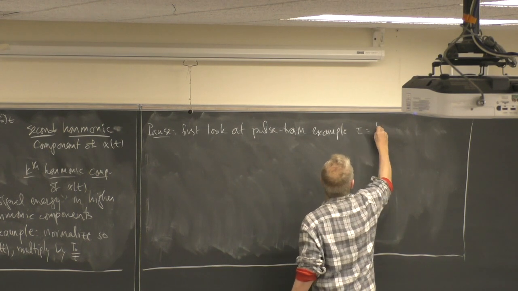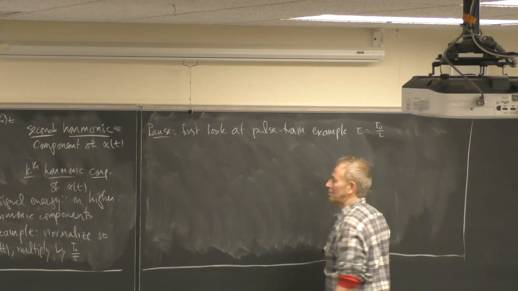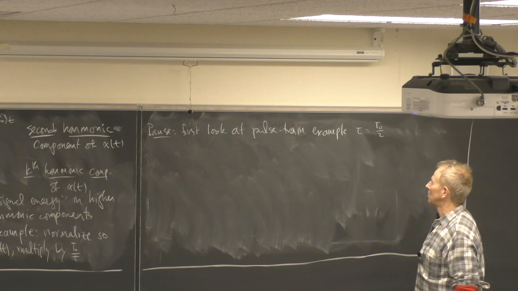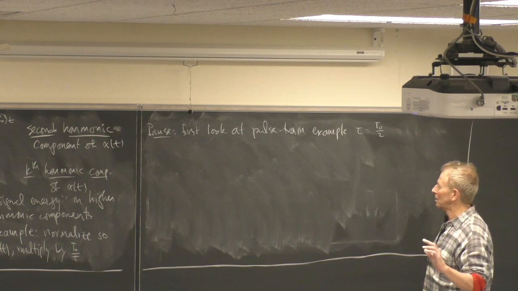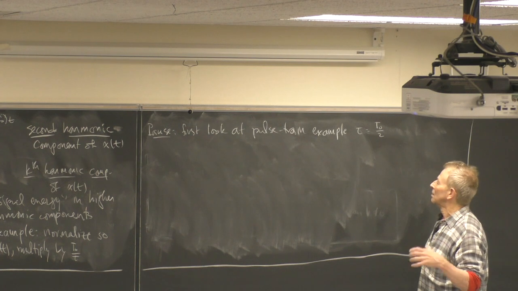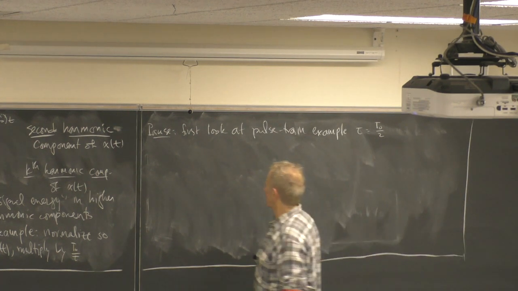So tau equals T0 over 2. So the thing is on half the time and off half the time, and it's equal to 1. That means its average value, A0, is 1/2.